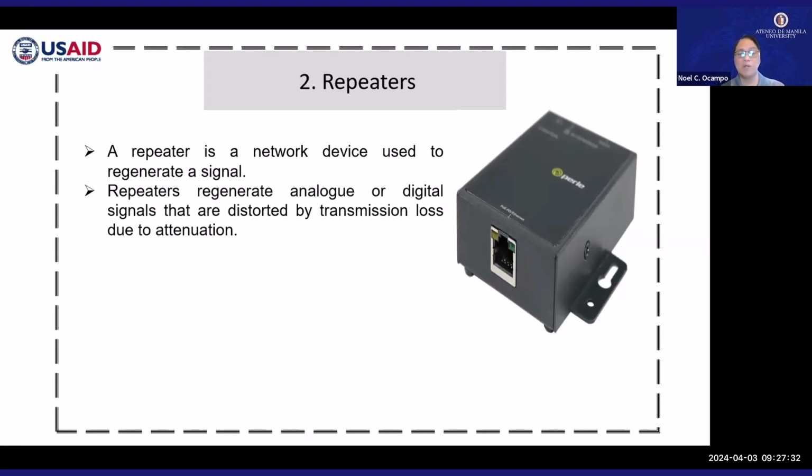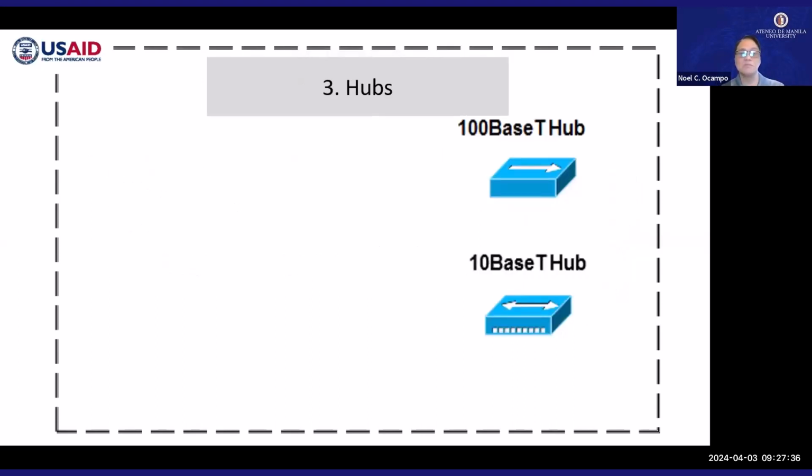This is how a repeater looks like. And then you also have your hubs. If you are also not close enough to the switch itself, before we had these devices called hubs, which is like a bridge going to your LAN switches.